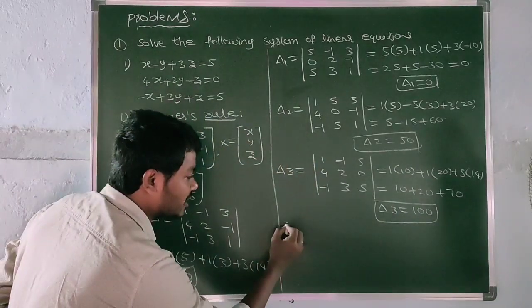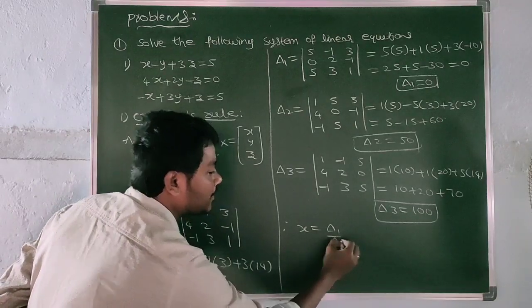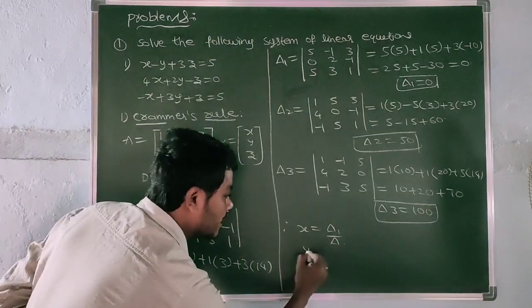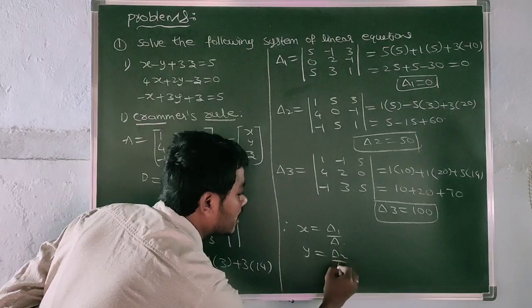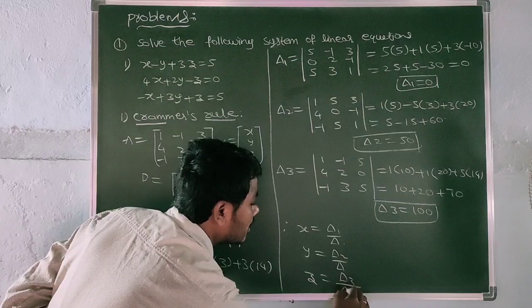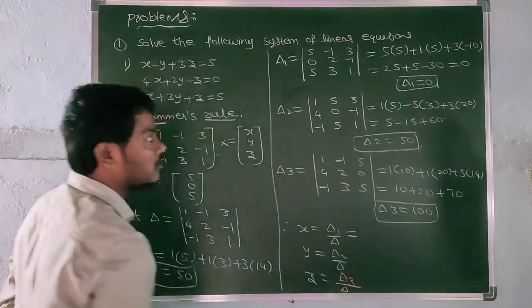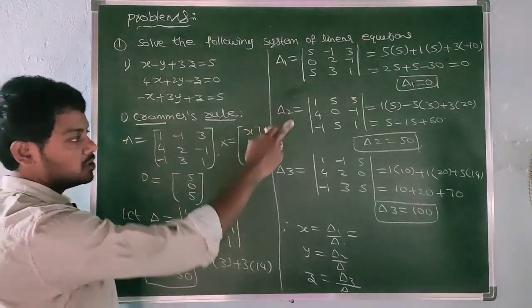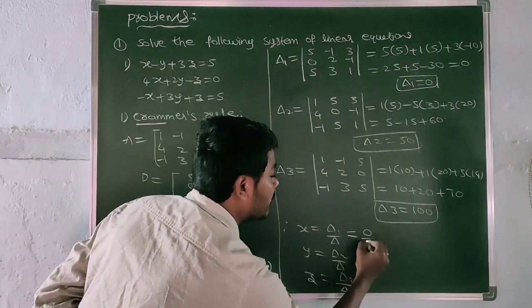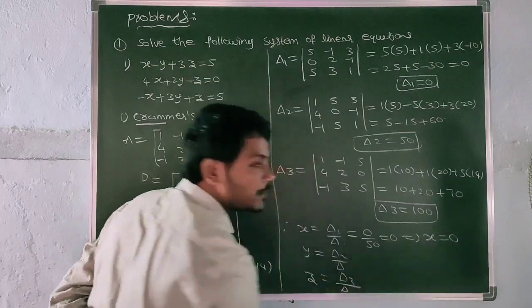Therefore the solutions are x is equals to delta 1 by delta, y is equals to delta 2 by delta, z is equals to delta 3 by delta. So what is delta 1 value? 0. 0 by 50. This is 0. From this x is equals to 0.